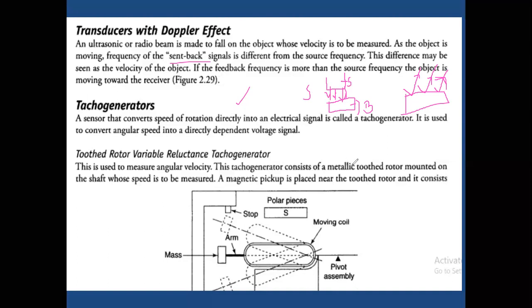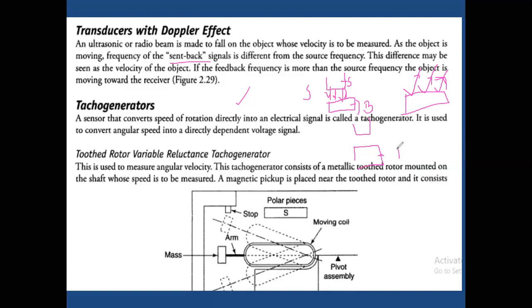So whenever the object moves towards the sensor, the feedback frequency is higher with respect to the source frequency. If the object moves away from the sensor, the feedback frequency is lower than the source frequency.